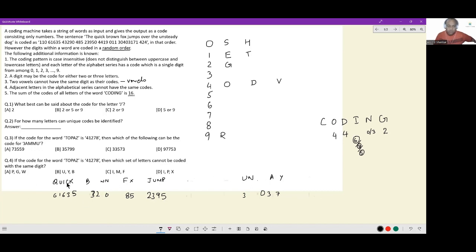How do I break this down? C. Can it be 6? Possibly. Can it be 1? Possibly.